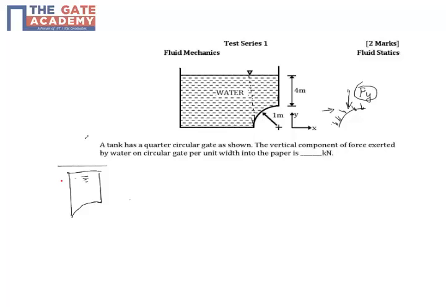From here you have a varying pressure, which will basically provide a horizontal force. There is no vertical force, remember.